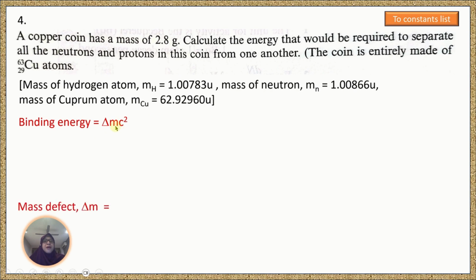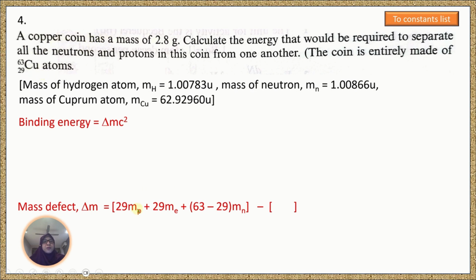So the mass defect is the mass of the constituents of the copper atom minus the mass of the copper atom. The mass of the constituents will be proton plus electron plus neutron. The number of protons is, you can see here from the symbol, 63 29. That means 29 protons plus 29 electrons, because it's a neutral copper coin.